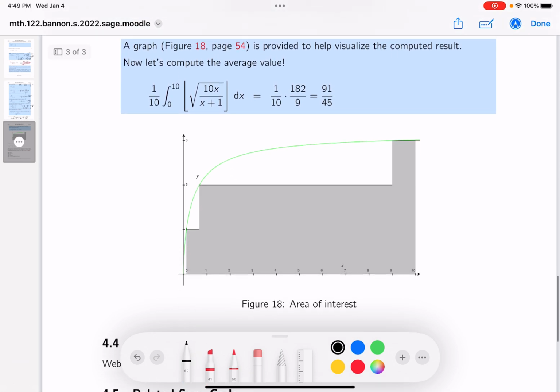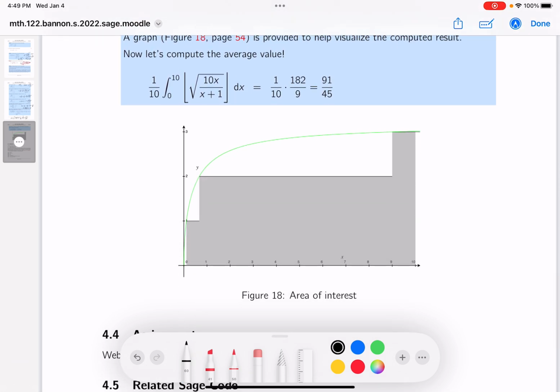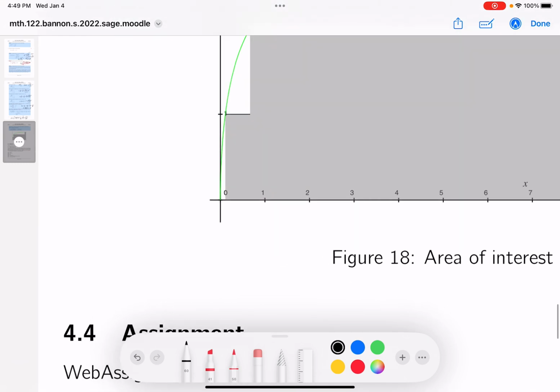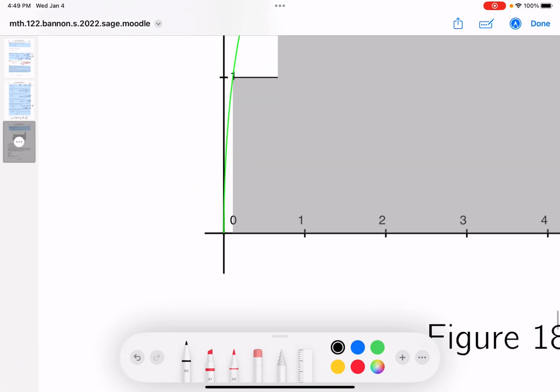Let's take a look. And I want to go for the better picture now. I do just want to point out the first thing we talked about was the beginning of it. And I want to remind you about that. This took place over here, if you recall, between 0 and 1/9. And the height of that was 0, clearly indicated over here. This one has a height of 1.